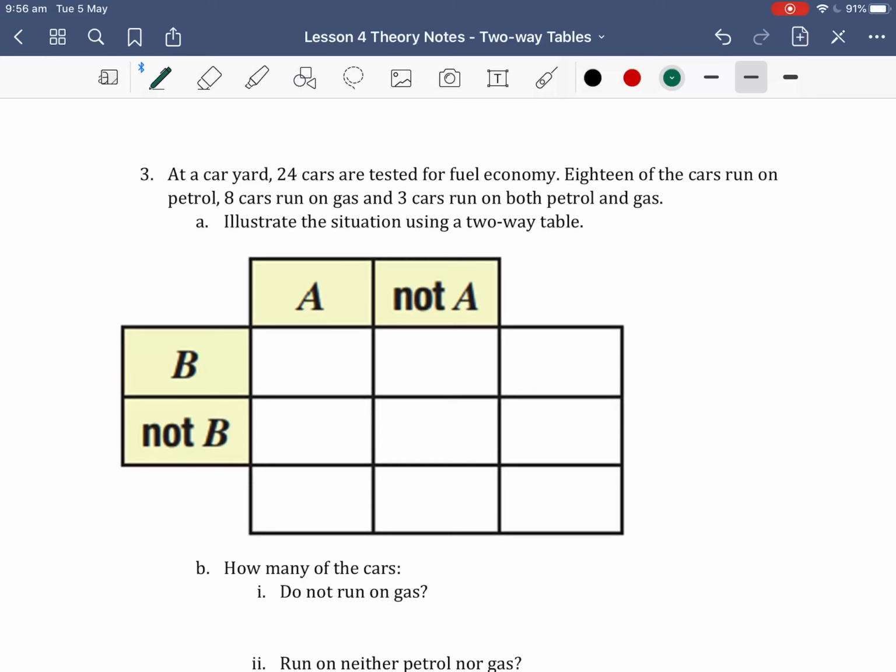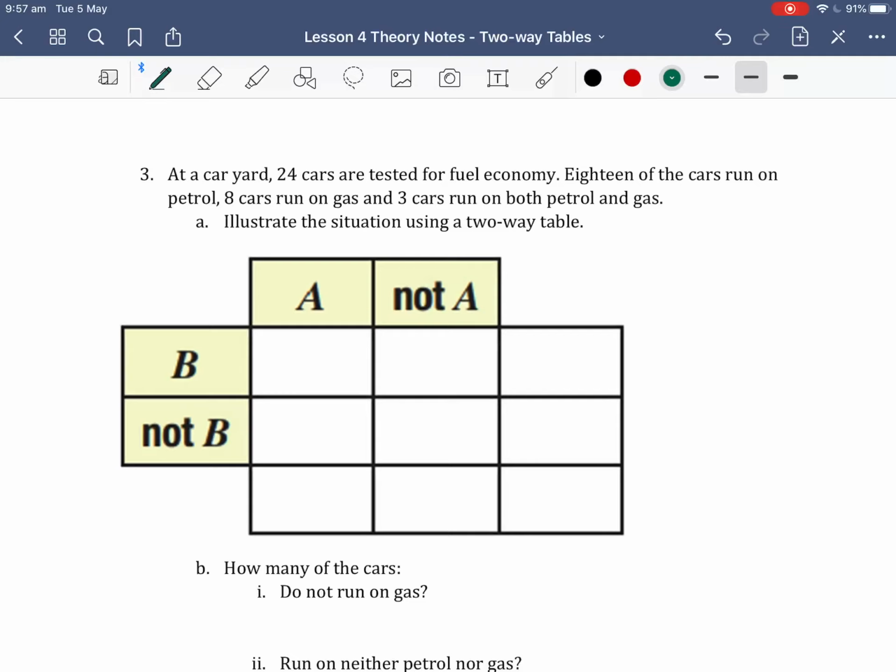Moving on to example 3, we have at a car yard, 24 cars are tested for fuel economy. 18 of these cars run on petrol, 8 run on gas, and 3 cars run on both petrol and gas. We want to illustrate this in our two-way table.